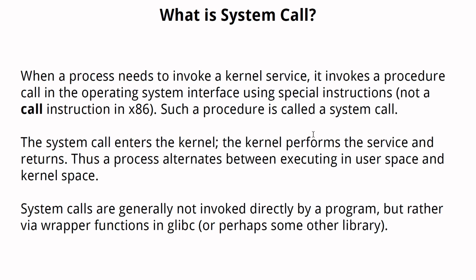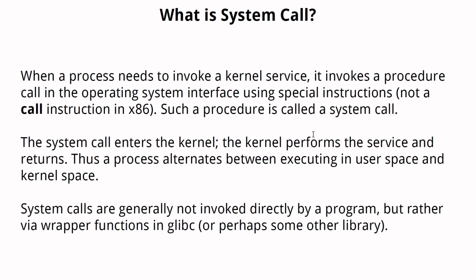To cross the boundary, you need to use the special instructions. So if you make a system call, then the CPU enters into the kernel mode, the kernel performs the services, and the kernel eventually returns to the application. So when all applications run, the process alternates between executing in the user space and also the kernel space.